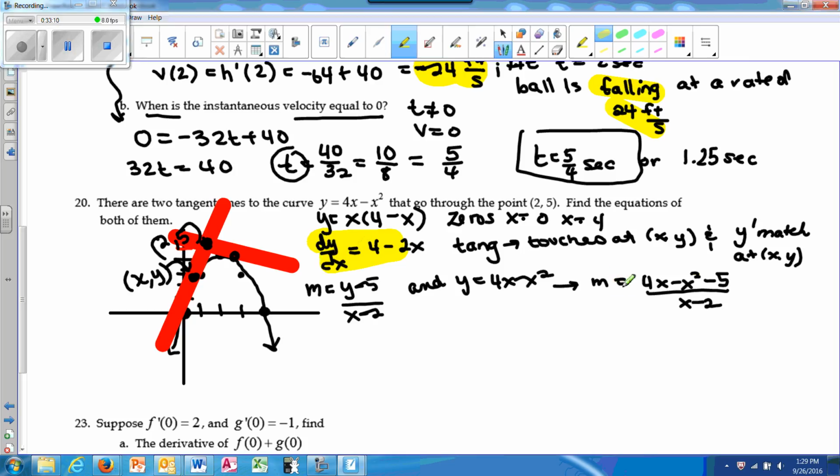Since we know one of the points is (2, 5), and the other point is x, y, we have the slope, using Algebra 1, is y minus 5 over x minus 2.